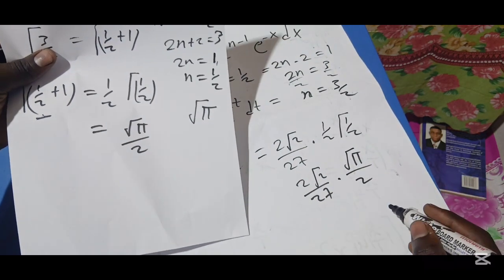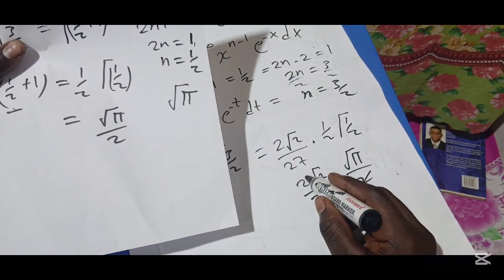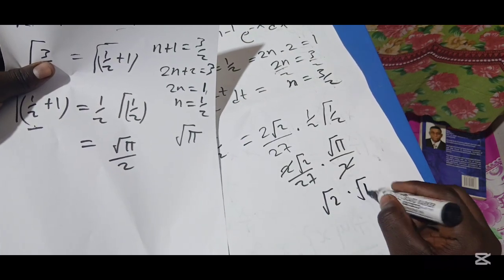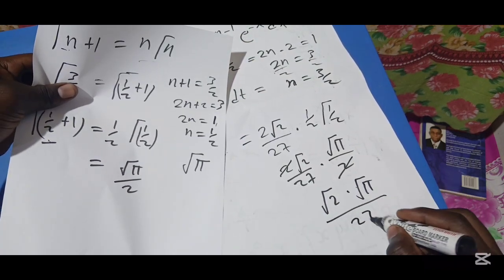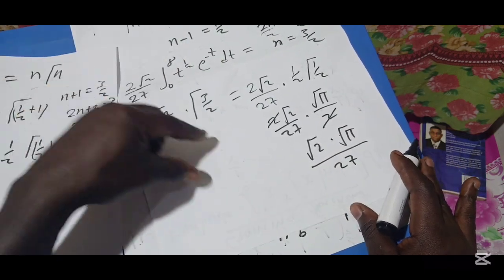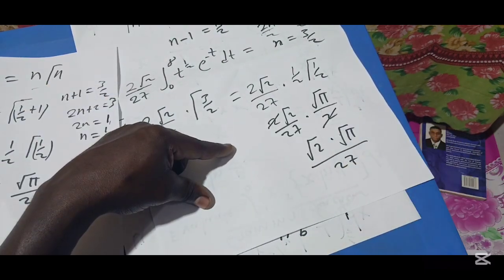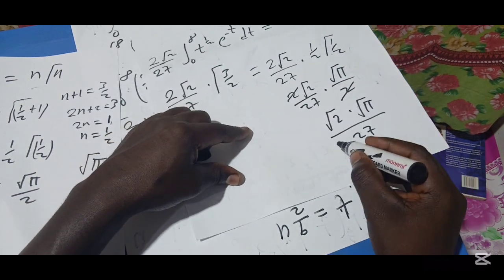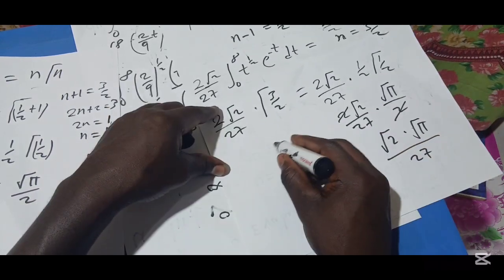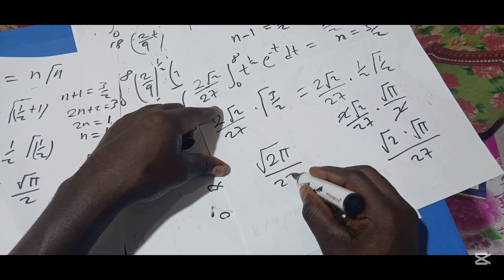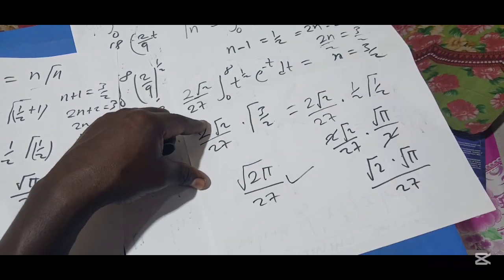And you could see that since these are multiplying, the 2 here can take care of these 2, and I'll be left with square root of 2 square root of pi all on 27. And according to general mathematics, you can also write this in this form, square root of 2 pi on 27. So this will be our final answer for this problem.